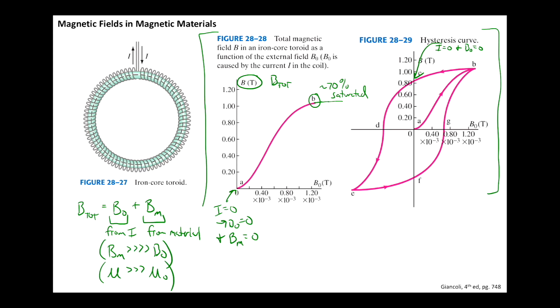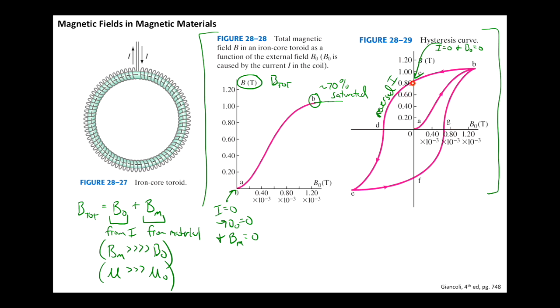But then we could keep going, and we could go over to point D. At this point, we're going negative with the current. So we could say here we have reversed the current. And now we would begin creating a magnetic field that's external but in the opposite direction.